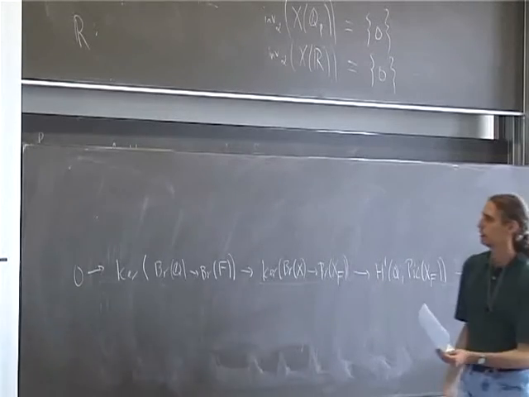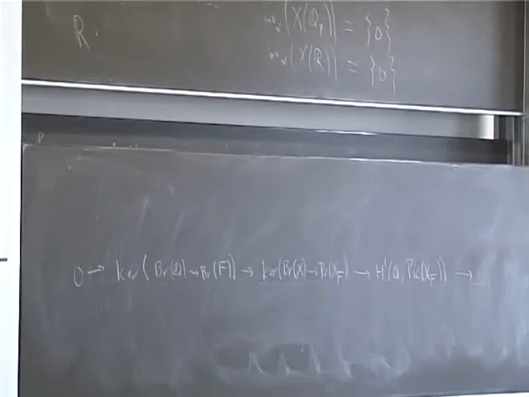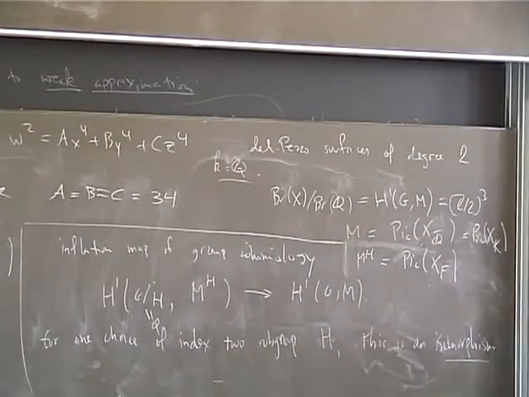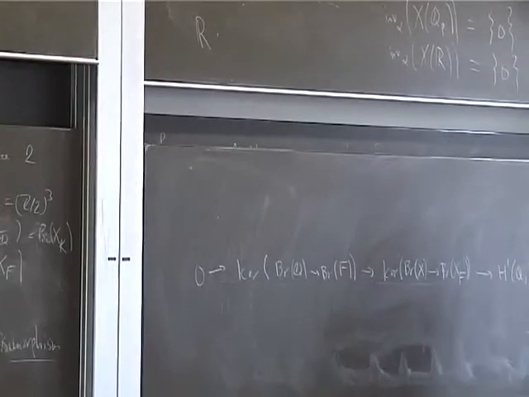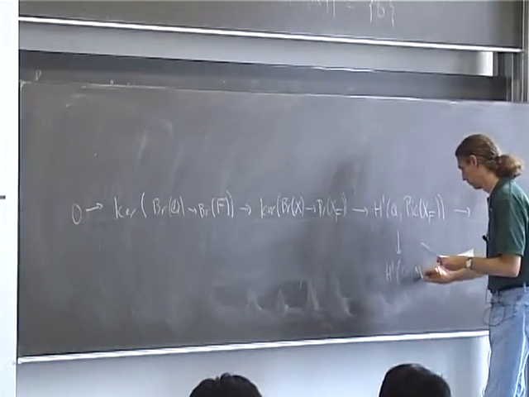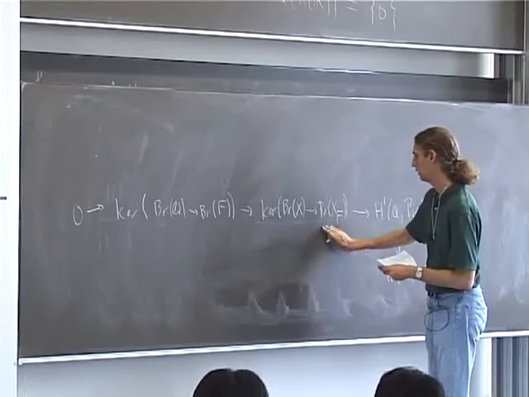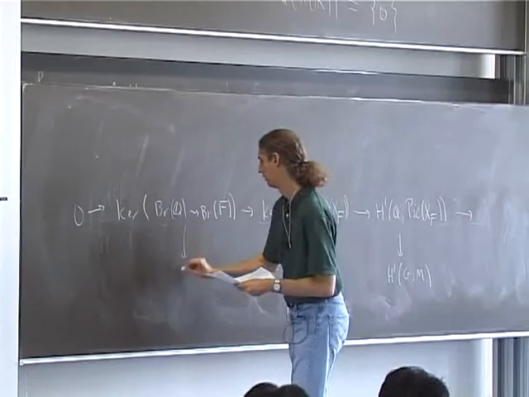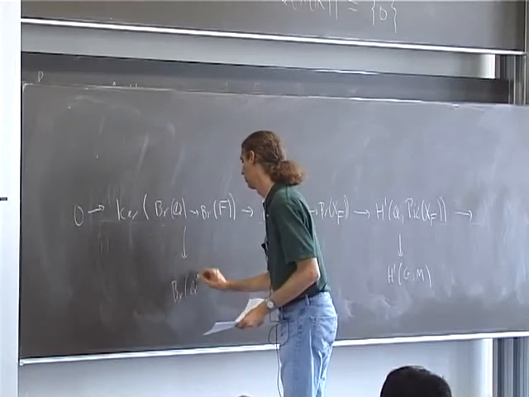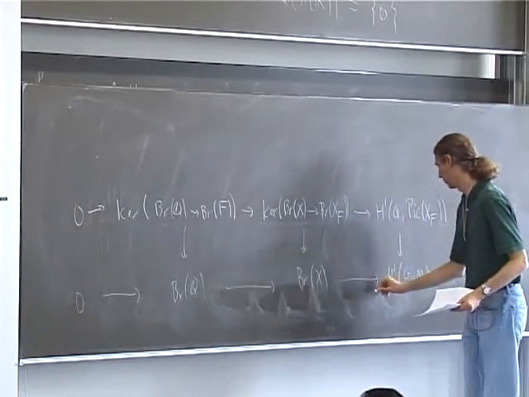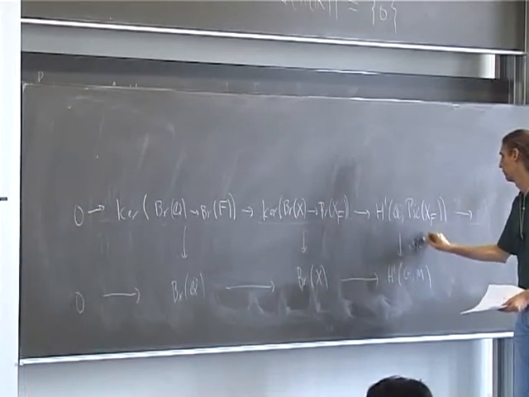Let's call this Q. So Q will be the quotient group. And then the inflation map, just put it alongside the other. So this is the inflation map.